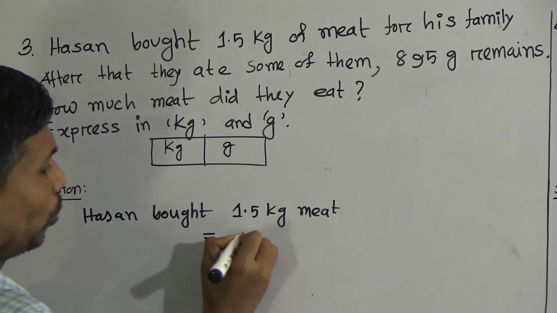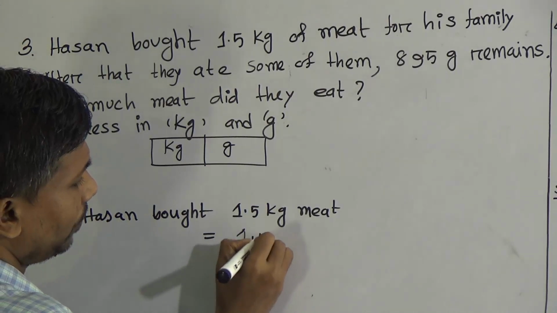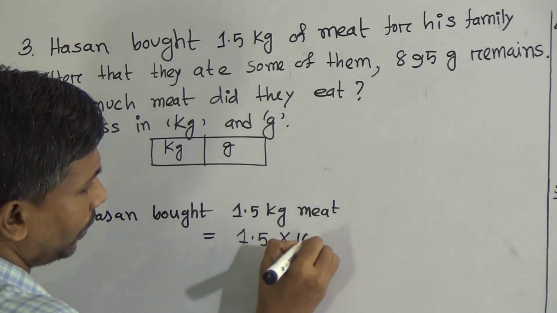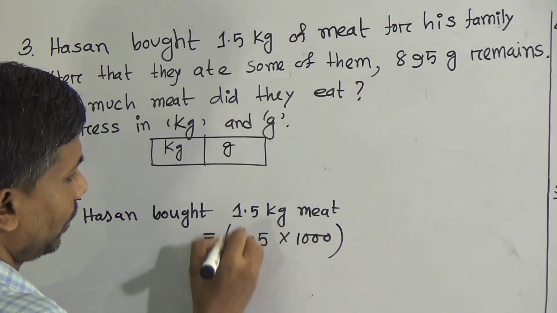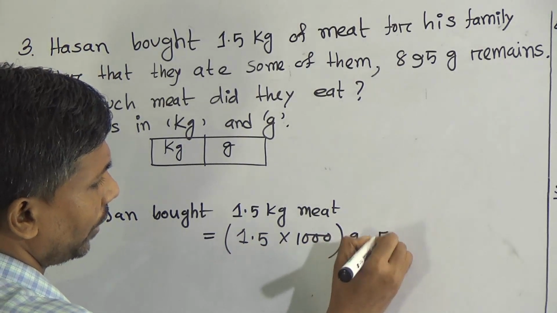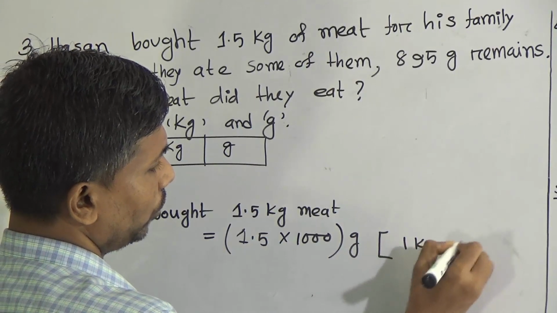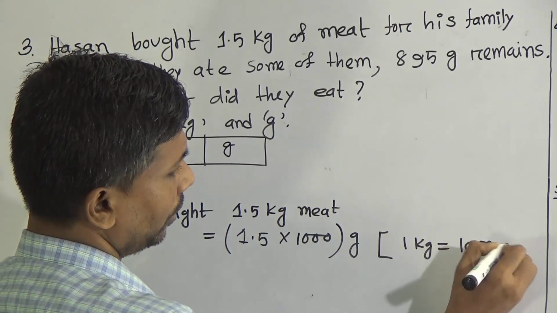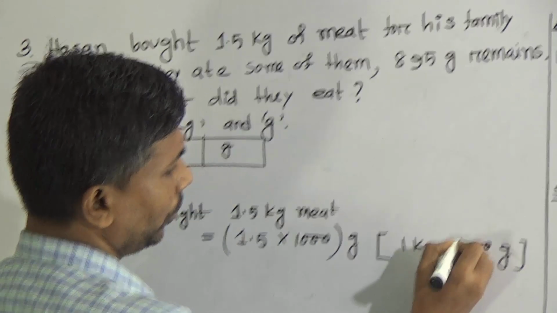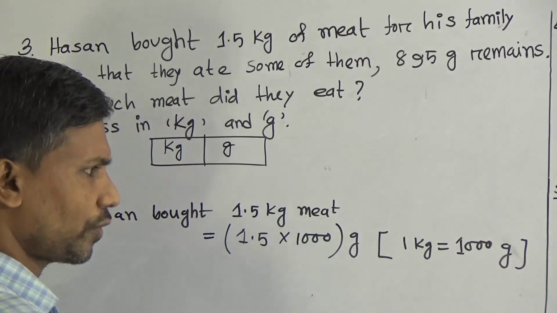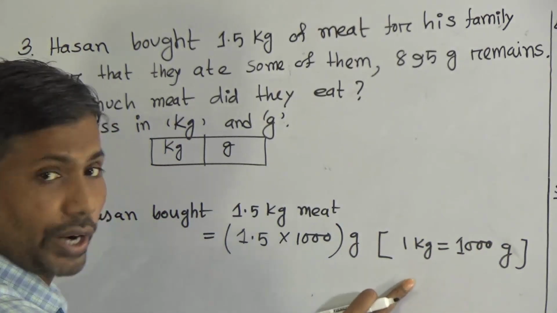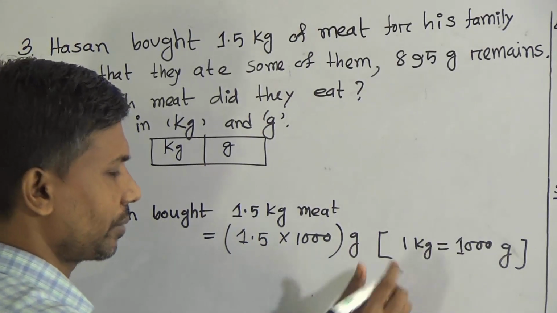Look, 1.5 into 1000. This is gram. Here 1 kg equals 1000 gram. Gram's short form is g. Kilogram's short form is kg.